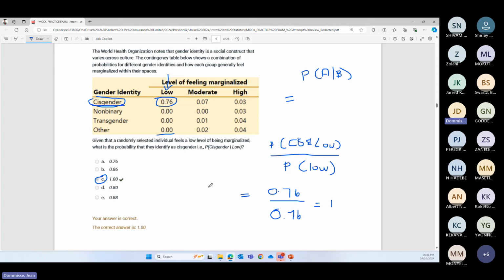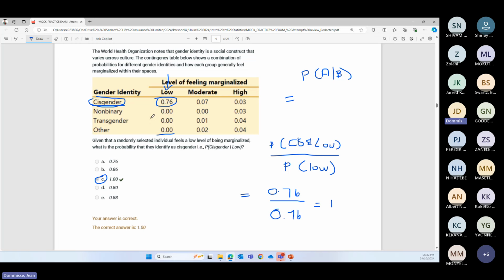So that means everybody that has a low level of feeling marginalized is falling in that category. That is okay. So it's not that we always see the probability of 1.